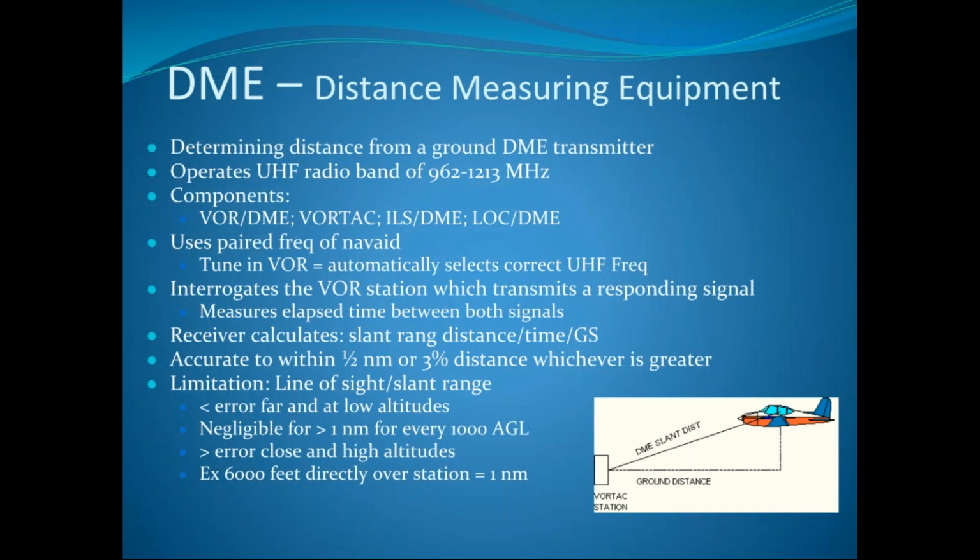Think of it like a speed gun that a police officer uses. It uses that same kind of technology, except instead of speed, it relates that in distance. It's basically the same principle.